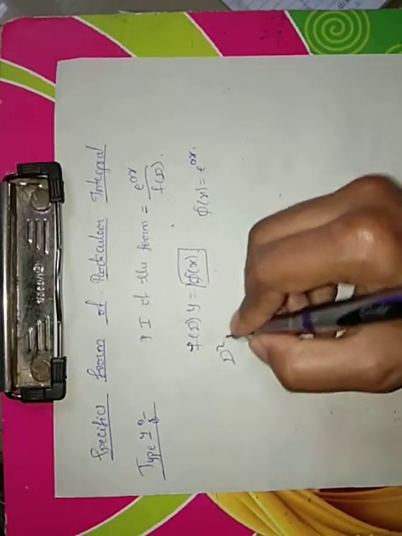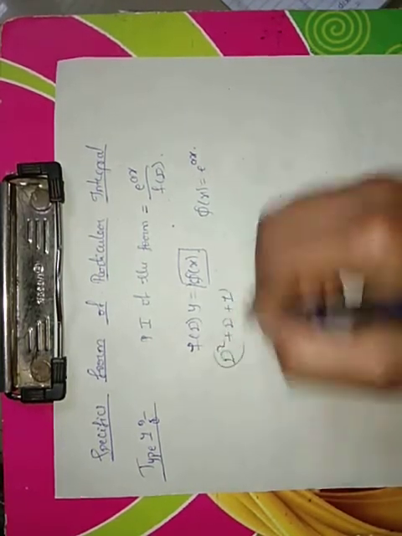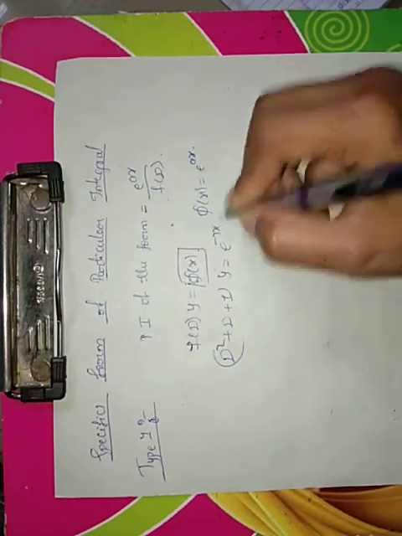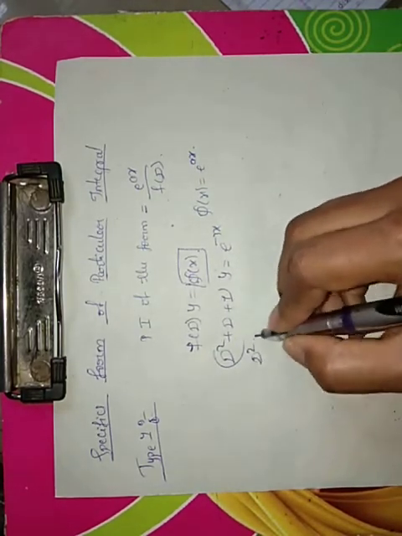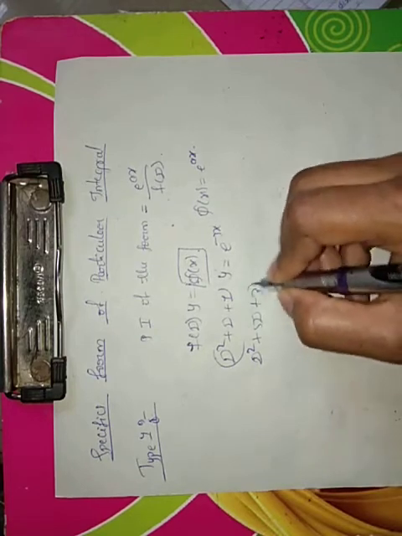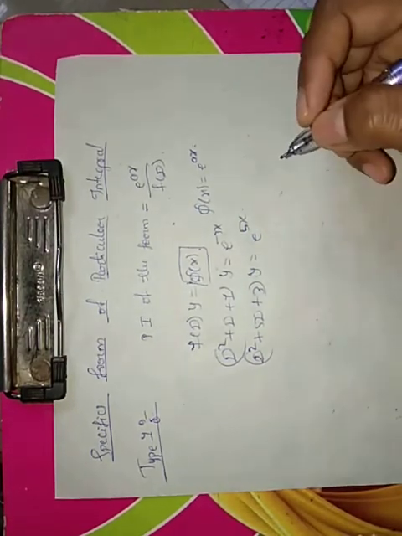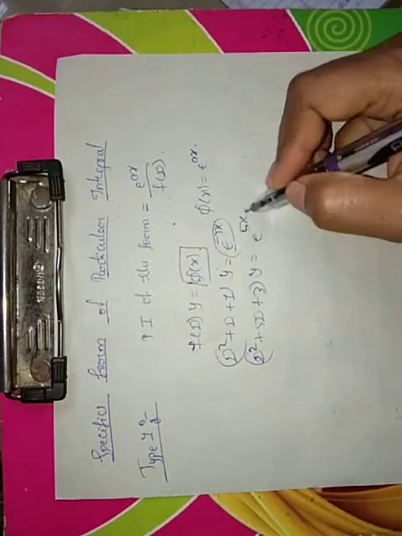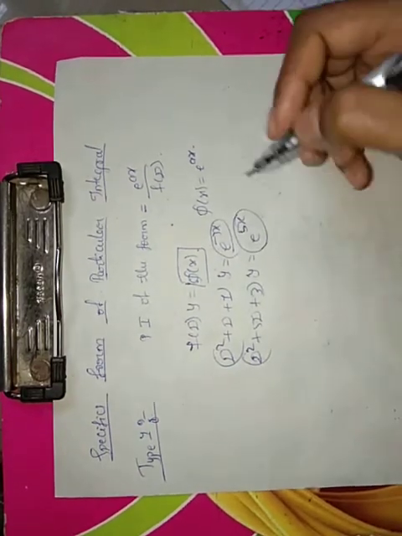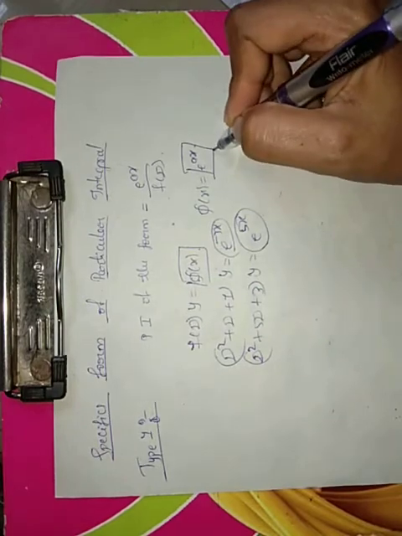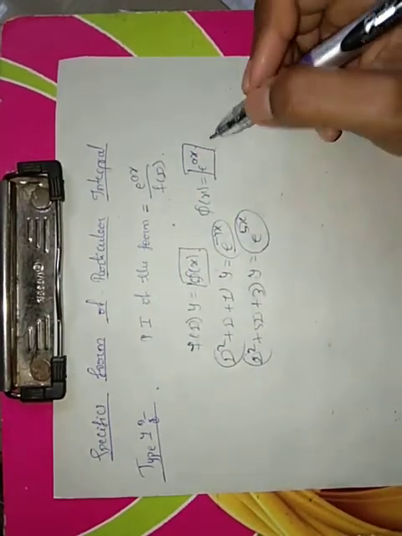For example, D square plus D plus 1 of y equal to e raised to minus 3x. D square plus 5D plus 3 of y equal to e raised to 5x. Like this, your function of x will be in the form of e raised to ax. Then it is called type 1.